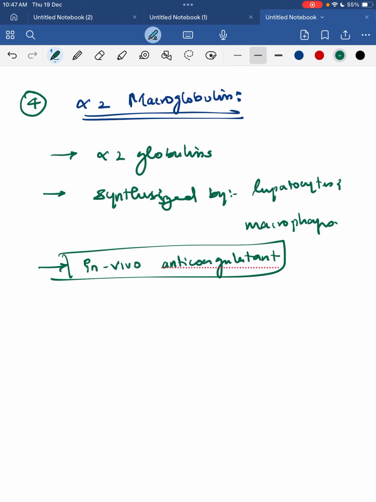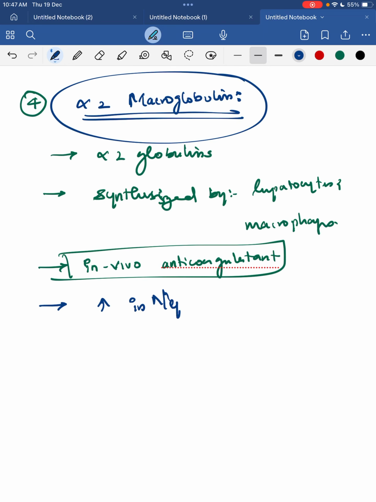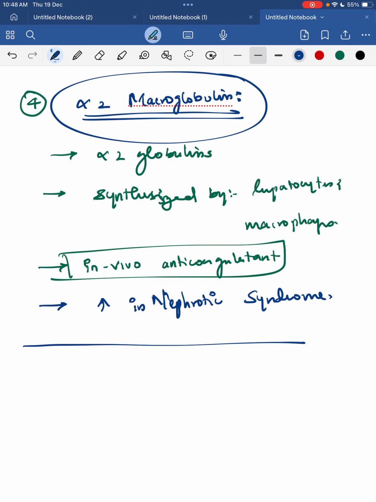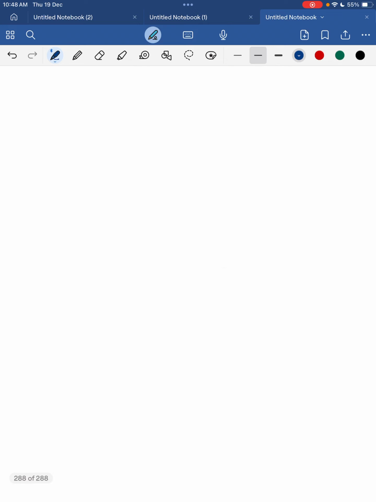During the inflammatory response, some proteins will decrease in the blood. These are called negative acute phase proteins. Which proteins are called negative acute phase proteins? Unlike CRP, alpha-2 macroglobulin, alpha-1 antitrypsin, and ceruloplasmin, there are a few other proteins which are decreased during inflammatory conditions.